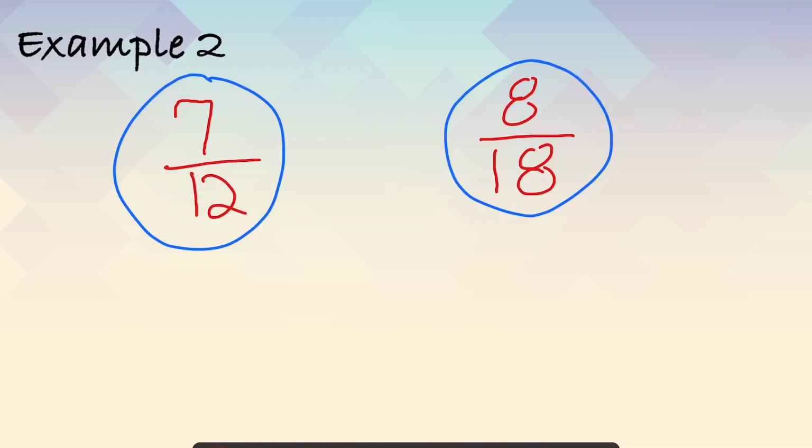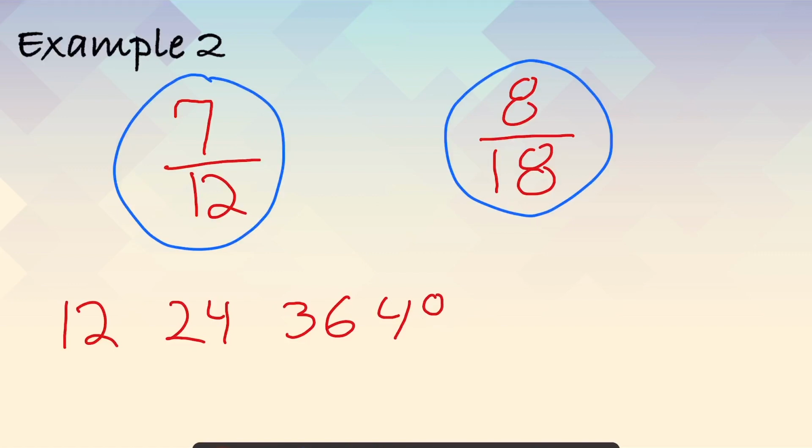Well, we look for something that you may or may not have heard of before called the least common denominator. In other words, we're looking for a multiple of 12 and 18 that is the same, right? We're looking for a shared multiple between the 12 and the 18. So, just a refresher, multiples of 12 would be 12, 24, 36, 48, right?